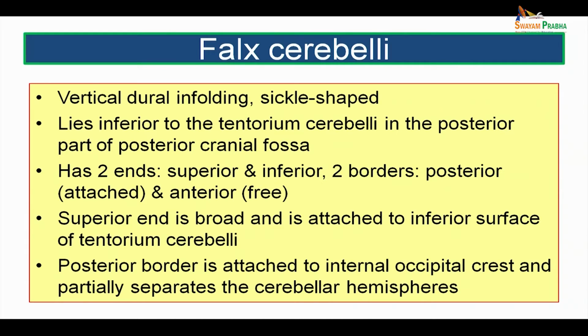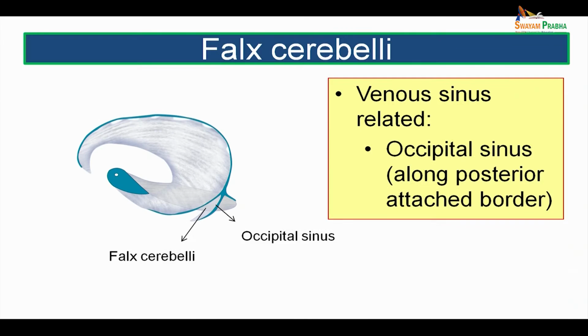It has two ends, superior and inferior, and two borders, posterior attached border and anterior free border. The superior end is broad and is attached to the inferior surface of the Tentorium cerebelli. The posterior border is attached to the internal occipital crest and it partially separates the two cerebellar hemispheres.